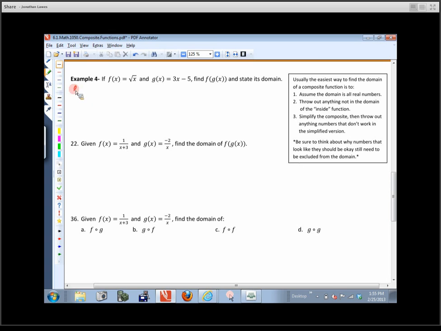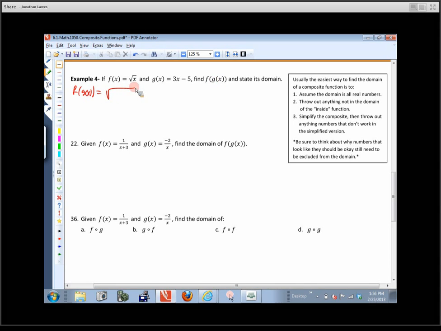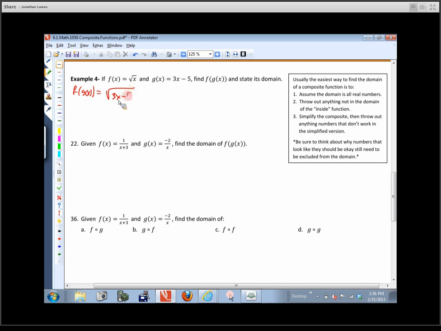So here's what we want to do. We want to find f of g of x. So what gets plugged into what here? G's the inside, it gets plugged into the outside function f. So this is the square root of, and what are we going to plug in? 3x minus 5. Now, if you think about the original function, this has a domain from 0 to infinity.